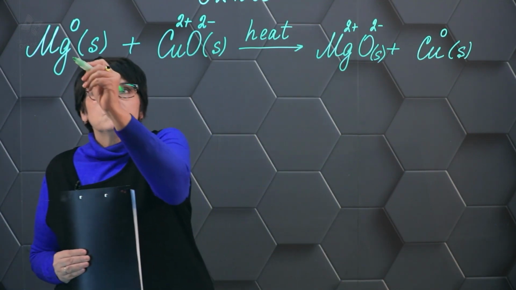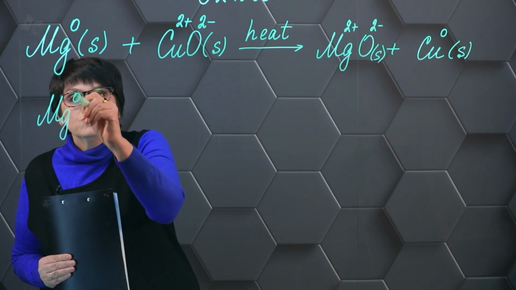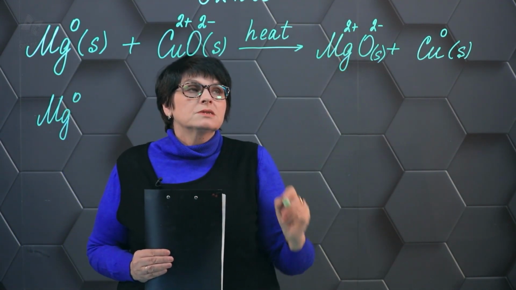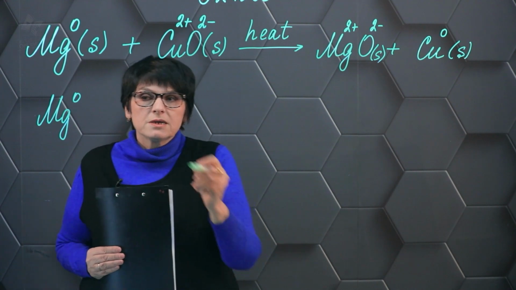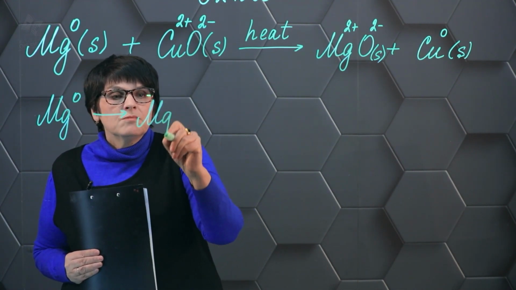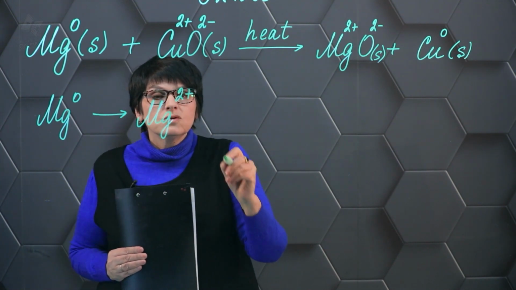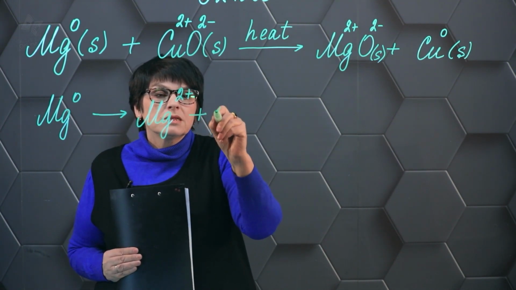Now, what are the next processes that take place? Magnesium is the element that's going to go to charge 2 plus in this case. So, it loses electrons. It becomes magnesium with a charge of 2 plus, it goes into the ionic state, and will give up 2 electrons.